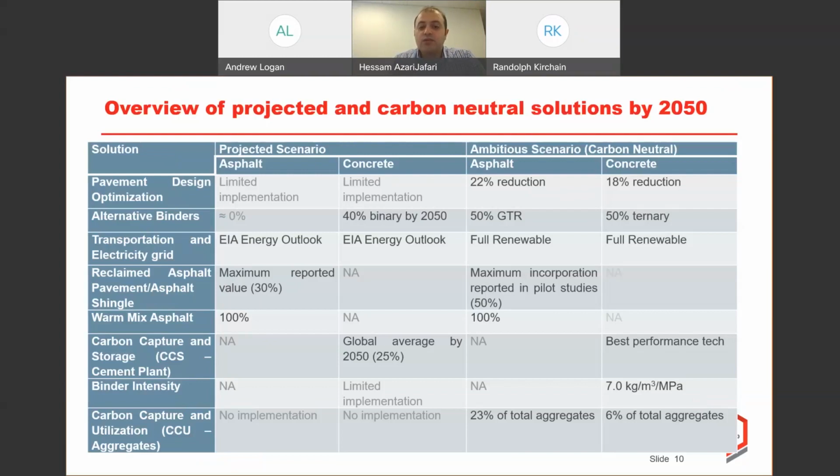In other words, we need 23% of our total aggregates produced by CCU technology for asphalt pavements to have net zero or carbon neutral asphalt. And for concrete, it's around 66% of the total aggregates that need to be produced by this technology to achieve carbon neutral asphalt. Concrete, sorry.